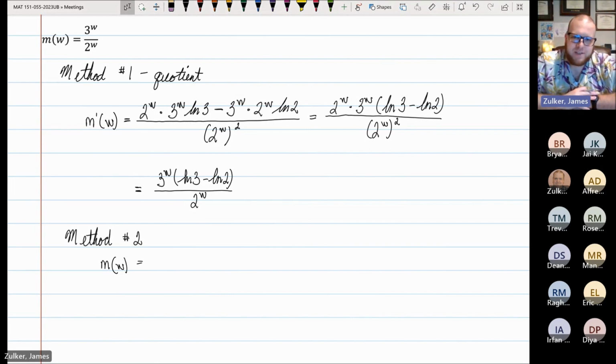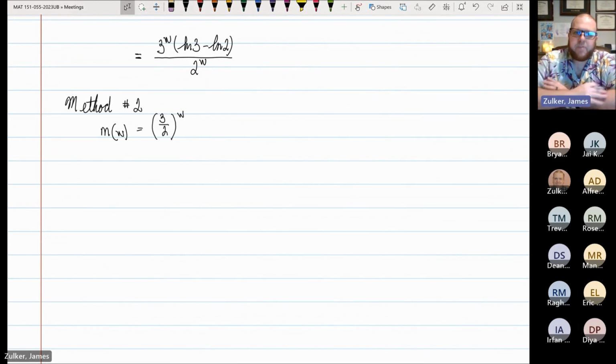One of the laws of exponents will allow us to rewrite this function. There's 3 halves to the w, which makes this an exponential function of base 3 halves.